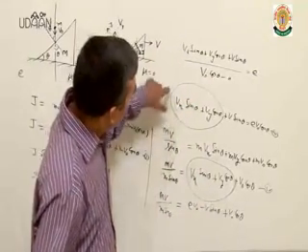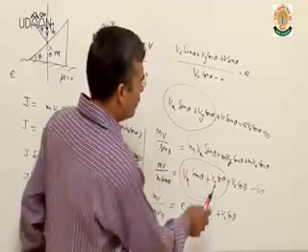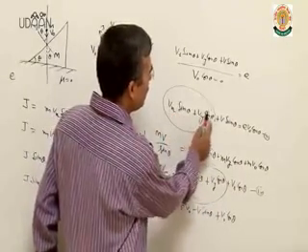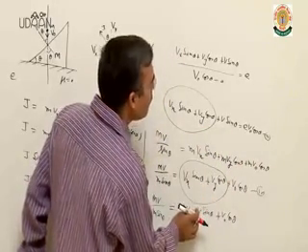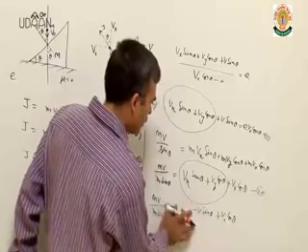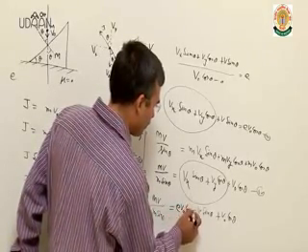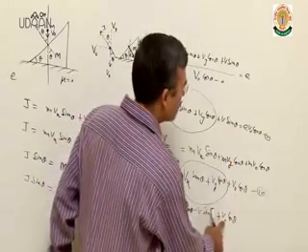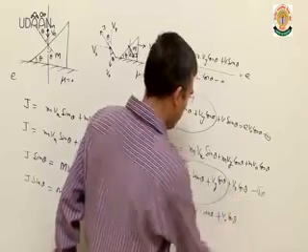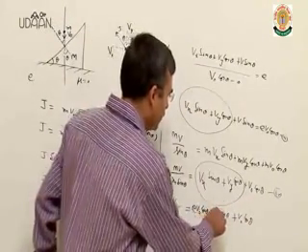Clear? In place of vx sin theta plus vy cos theta, we put e v naught cos theta. Here it is e v naught cos theta minus V sin theta plus this v naught cos theta. Clear? From this relation you can find capital V easily.